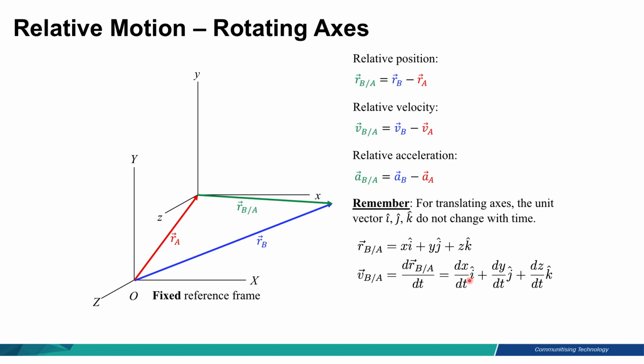Therefore, we have dx/dt i plus dy/dt j plus dz/dt k. In our case, we just have up to the j component only, and only x, y, and z are functions of time. i, j, k do not change with time for translating axis.